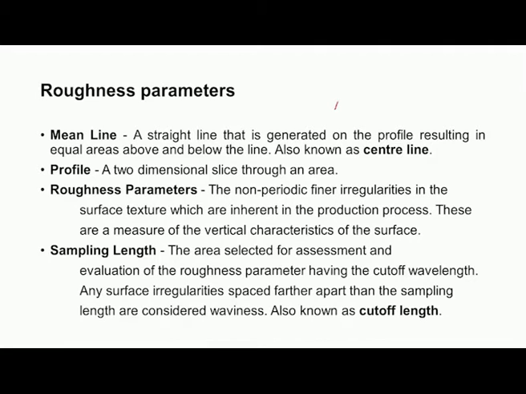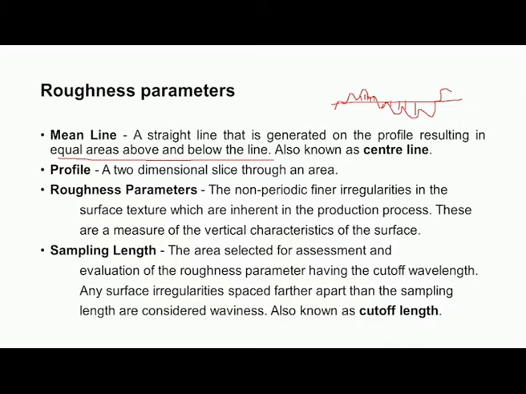For example, we say we have a profile like this. Now, we have to draw a straight line like this, such that there are equal areas above and below the line. We have the area above the mean line and then the area below the mean line.